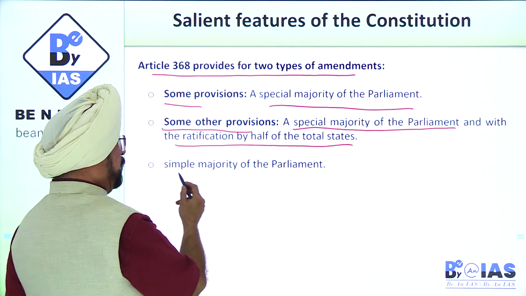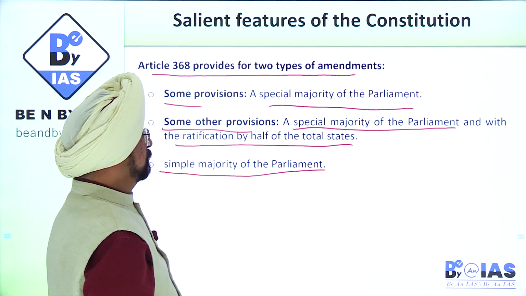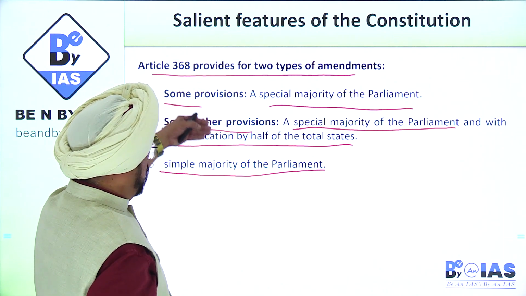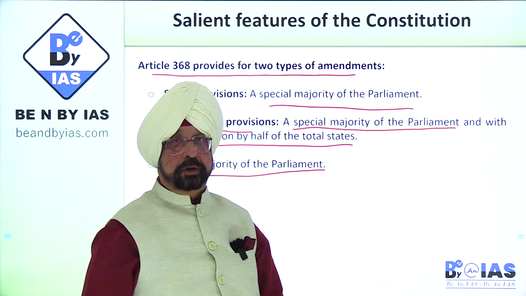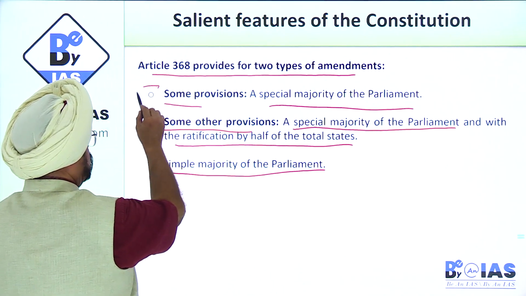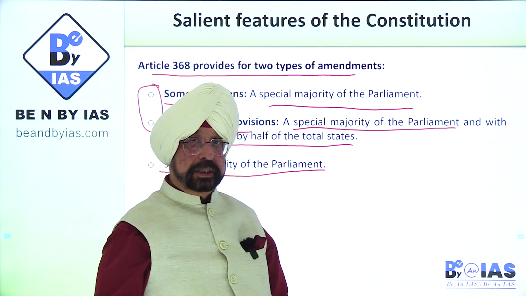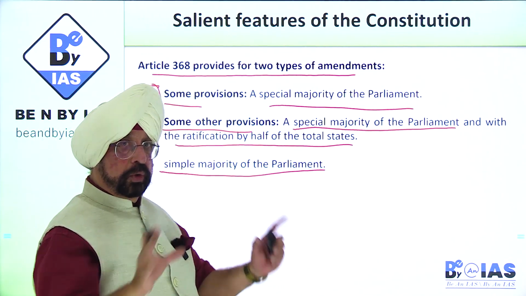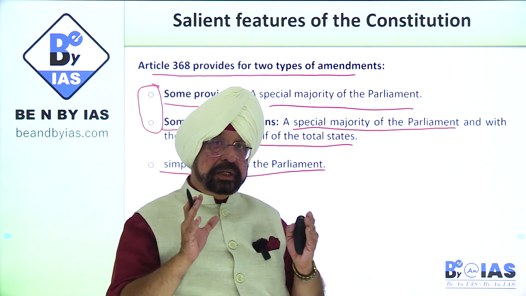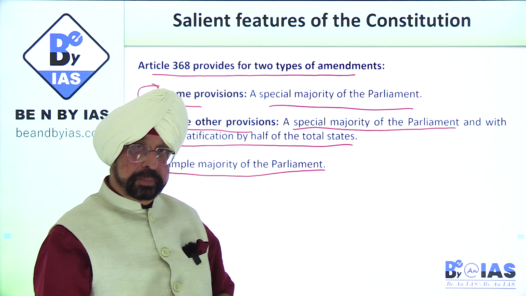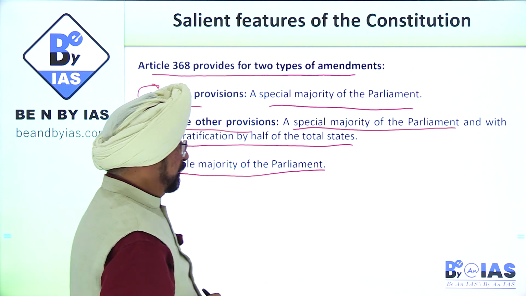And some can be passed by a simple majority of the Parliament. So basically there are these forms. The simple majority is for making ordinary laws, and these two are for the constitution, primarily. We'll get into the details. I'm just giving you an overall view of the salient features, not telling you the detailed provisions. Detailed provisions we'll be studying when we take up those topics during our study of the syllabus.